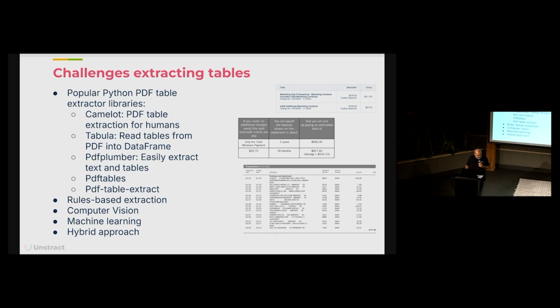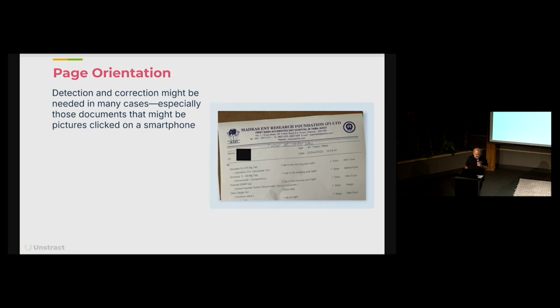Some of these systems are rules-based. Some of them use computer vision and machine learning. Some folks use hybrid approaches, but your mileage may vary, and you'll have to figure out how good an extraction system you need based on the quality of the input PDFs that you generally get.